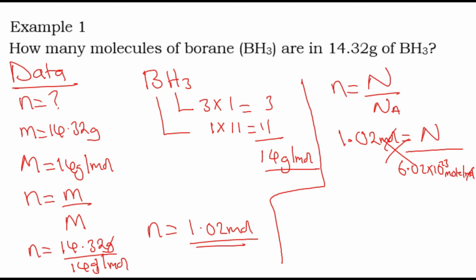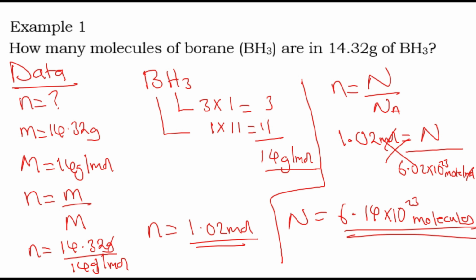Okay, so number of particles is equal to 6.14 by 10 to the power 23 molecules. Yeah, that's better. So this will be the number of molecules found in 14.32 grams of boron.